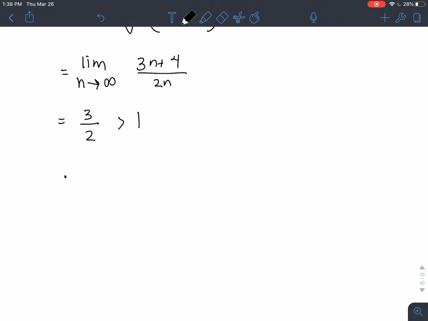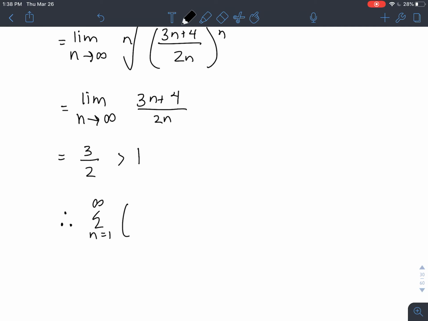Then we have matching degrees in the numerator and denominator, so the ratio of the coefficients is going to be our limit, but that is greater than 1, which means that we are going to diverge. So therefore, our series of 3n plus 4 all over 2n raised to the power of n diverges.